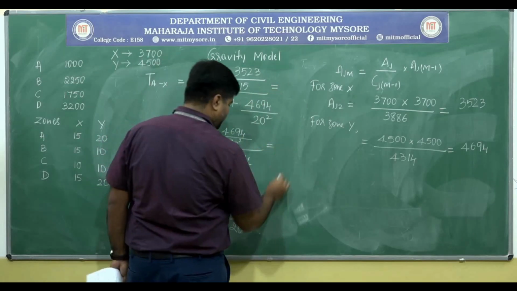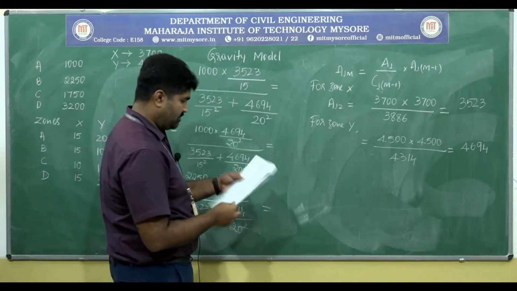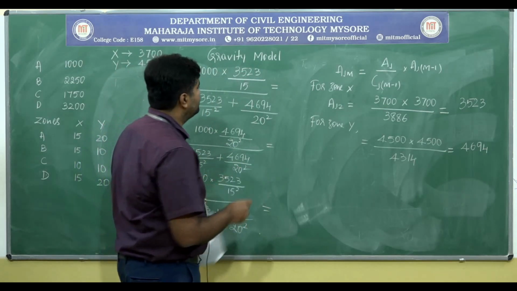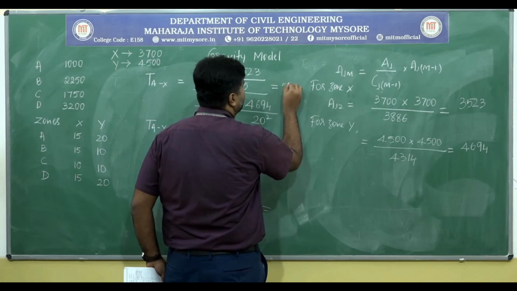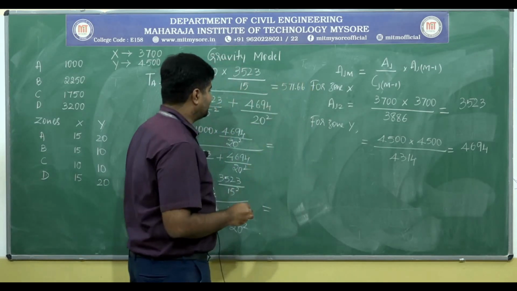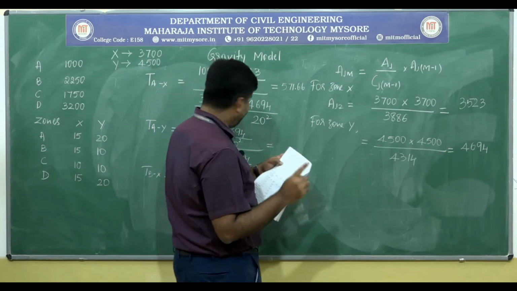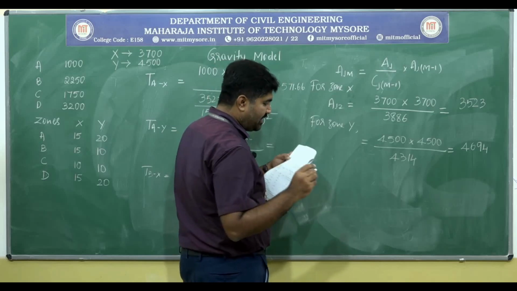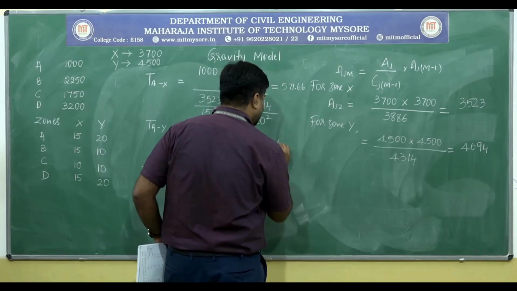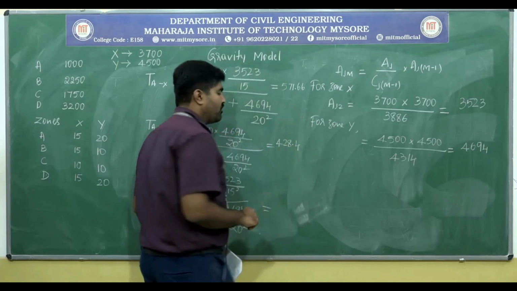We will get A to Y, A to X. A to X I got 571.66. Similarly, T A to Y I got 428.4.